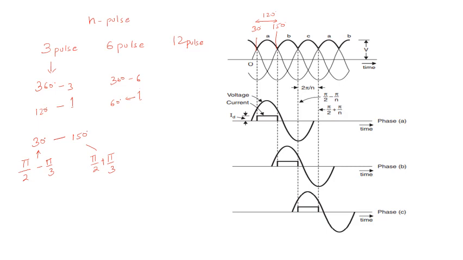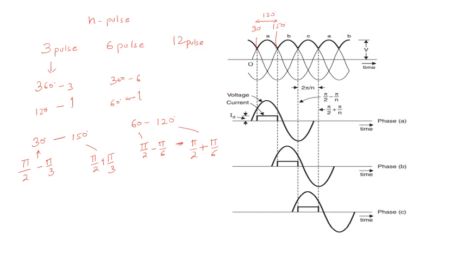Similarly, for a 6 pulse converter, it will operate from 60° to 120°. Okay, so the initial point will be 60. So I am writing it like this, pi by 2 minus pi by 6, and it goes to pi by 2 plus pi by 6. Okay, so this is how the limit changes.